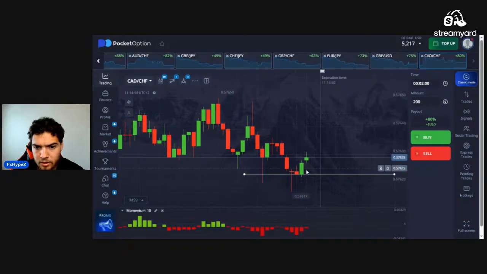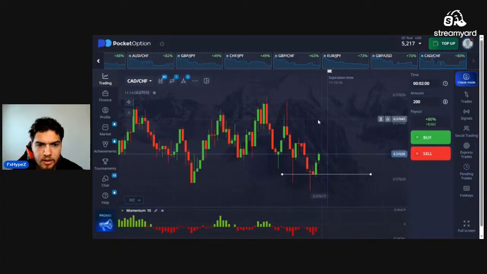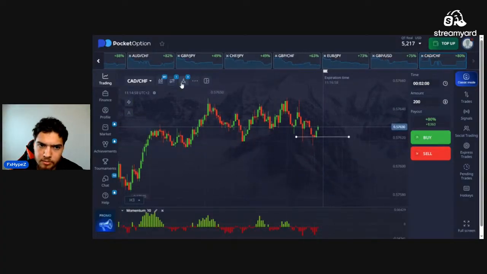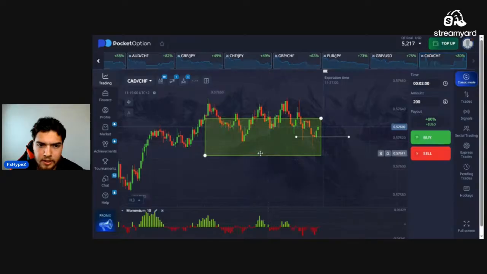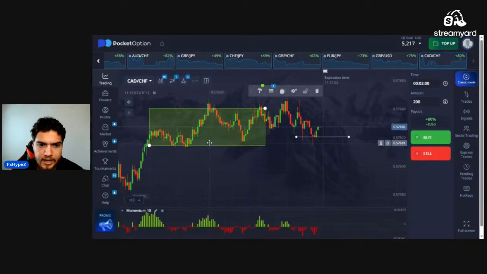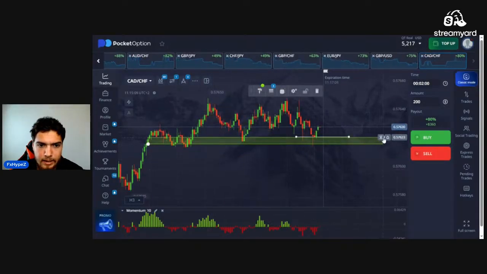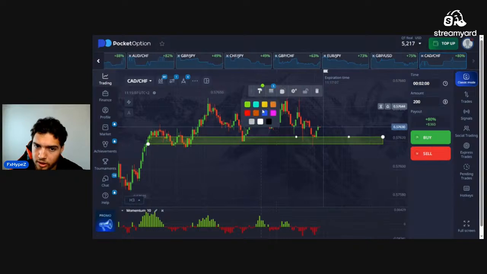Okay, a support break at 0.57623. We've got an 80% payout. Now the only thing that's throwing me off a little bit about this trade, now that I zoom out here, is the fact that we have a big, sturdy support zone here. Take a look at this.